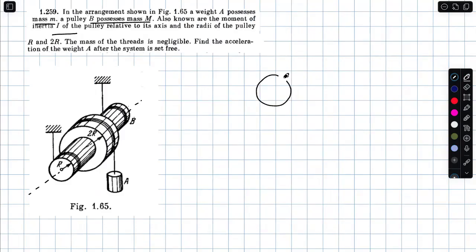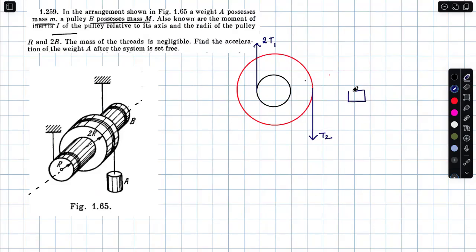If I see this in this way, right? Clearly, you have 2T1, T2, ACM.